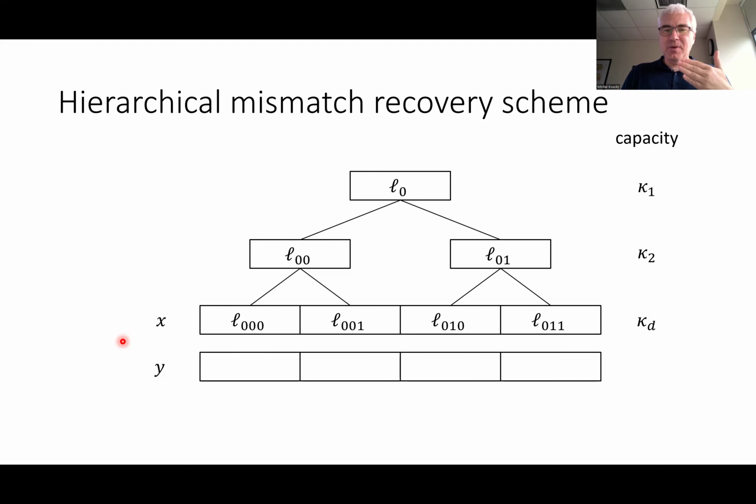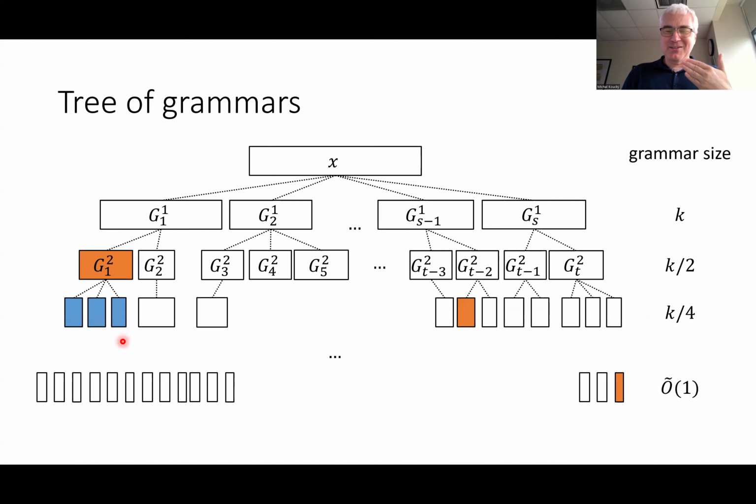Maybe let me go back and see what the problem is. The problem is that these blue grammars may generate a lot of Hamming differences, which are completely irrelevant for us, but they are going to flood this level with Hamming mismatches, and we won't see this orange part, which is what we are after.